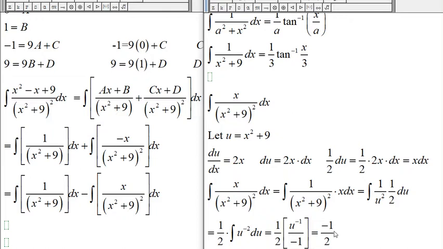And then u to the negative 1 is the same as 1 over u. And so we end up with negative 1 over 2 times, but u is x squared plus 9.